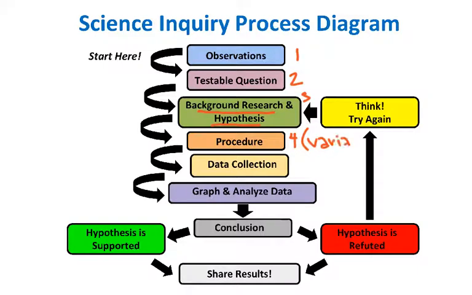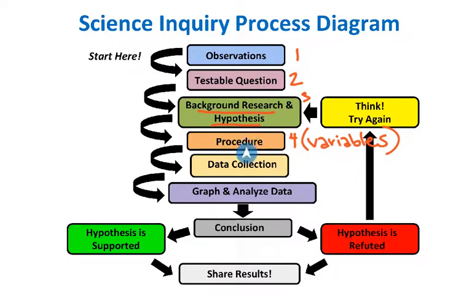This is where the scientist wants to think about what kinds of things they need to keep constant for each of their groups, what they're going to measure at the end of their experiment, so their dependent variable, and what they are going to purposely change for each group in their experiment, so their independent variable. All of these variable considerations are part of writing the procedures, okay?